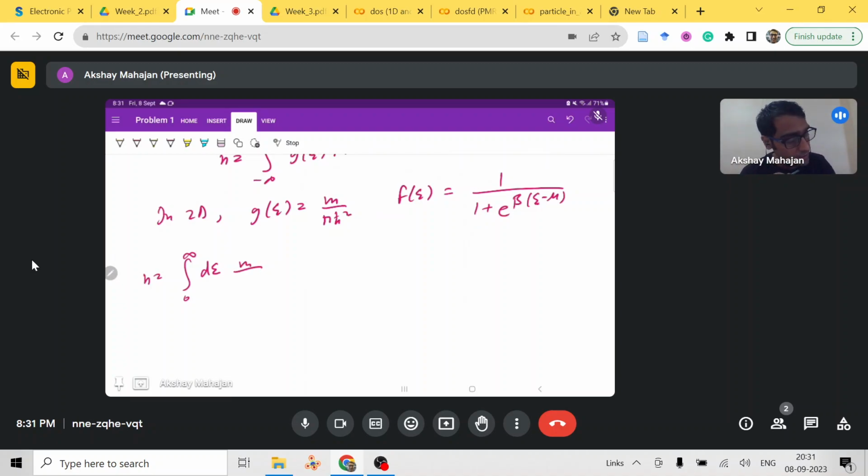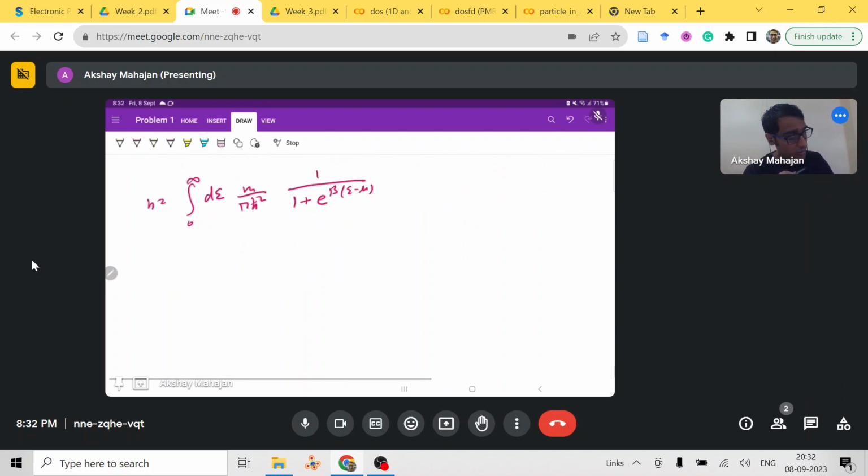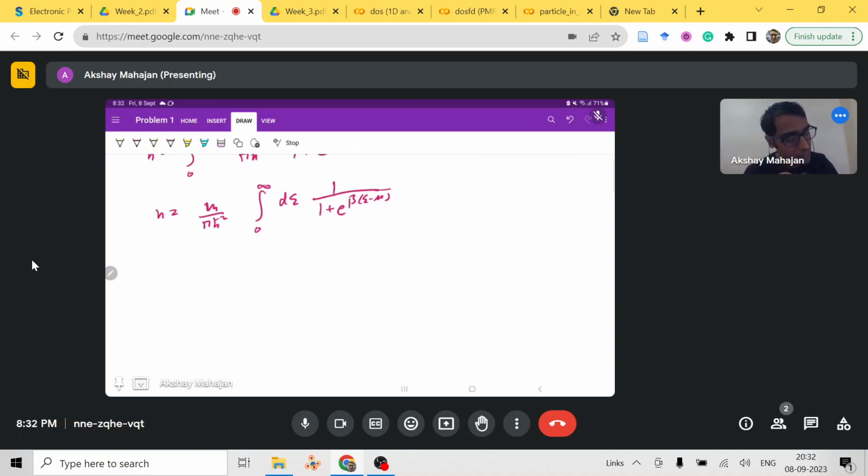Now the density of states is m upon pi h bar squared, and then we have the Fermi function, 1 upon 1 plus e to the power beta times epsilon minus mu. We can take out the constant h bar squared. We have the integral from 0 to infinity of d epsilon times 1 upon 1 plus e to the power beta times epsilon minus mu. Now let beta times epsilon minus mu be equal to t.